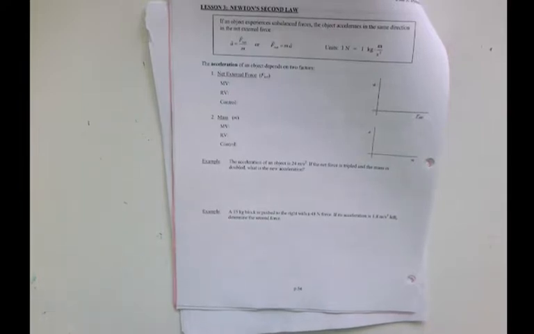Here in lesson 3 with Newton's second law, we are talking about accelerated motion, which requires an external force or some net force that is not equal to 0. So, if an object experiences unbalanced forces, the object accelerates in the same direction as the net external force.